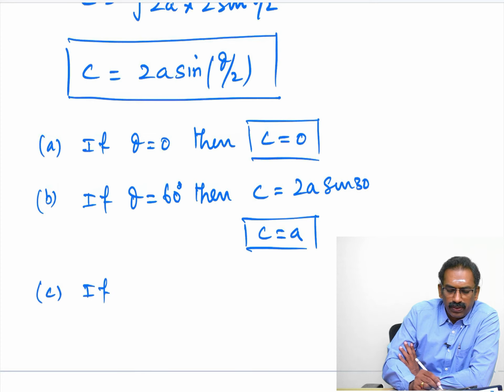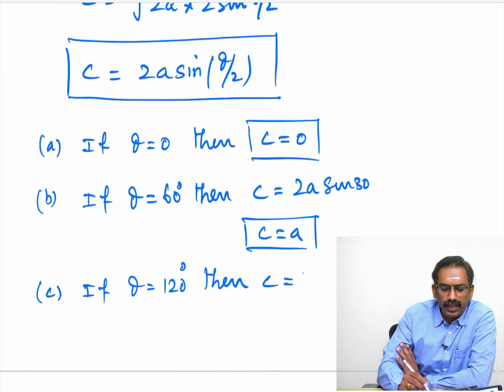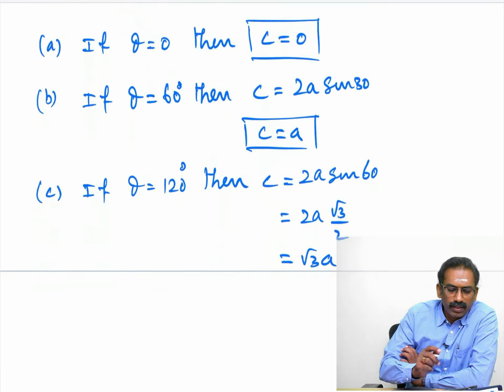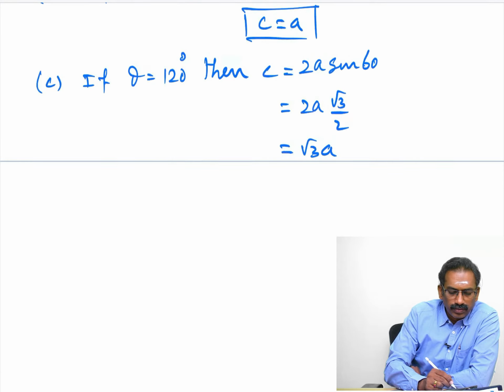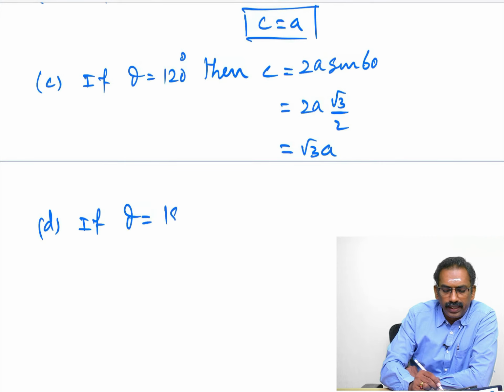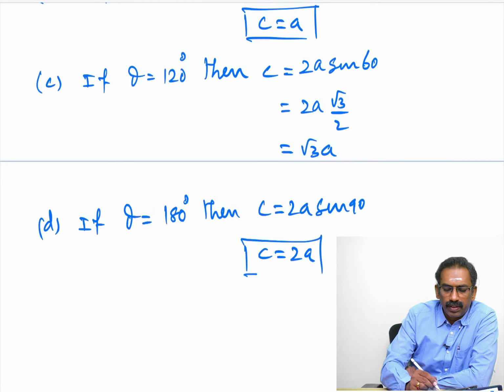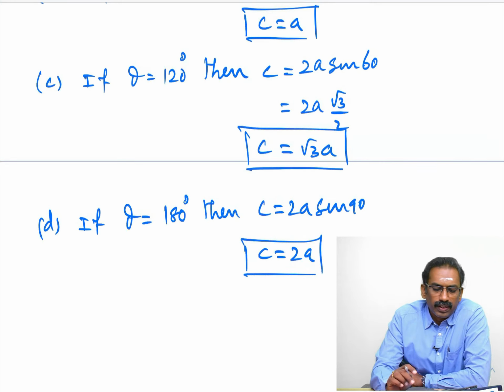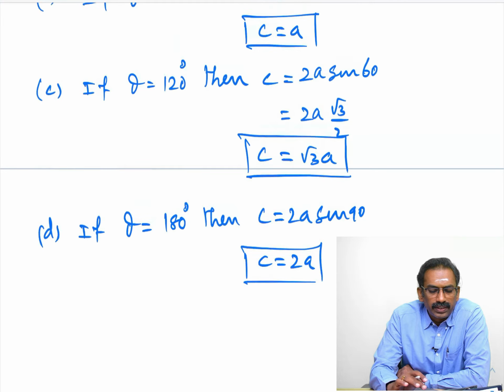If theta is equal to 120 degrees, then c is equal to 2a sin 60, that is equal to 2a root 3 by 2, that is equal to root 3 a. If theta is equal to 180 degrees, then c is equal to 2a sin 90, c is equal to 2a. We have to remember all these cases.